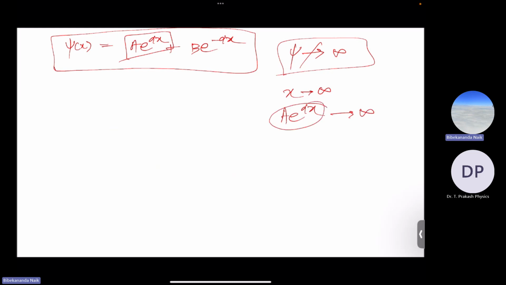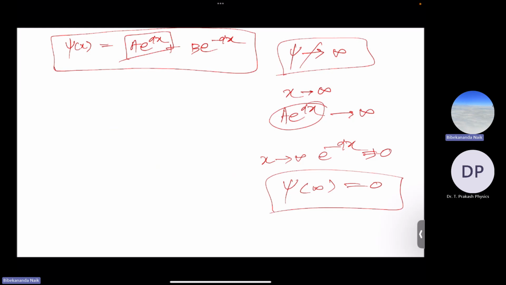So this term should be 0, so that at x equals infinity the wave function is 0, because e to the power minus alpha x is 0 there. So A equals 0.